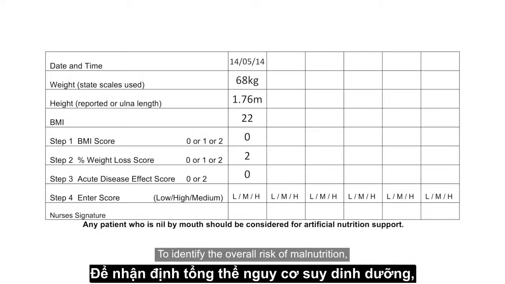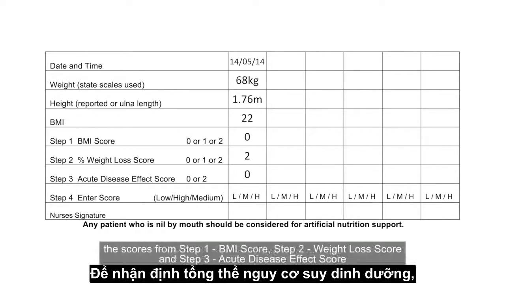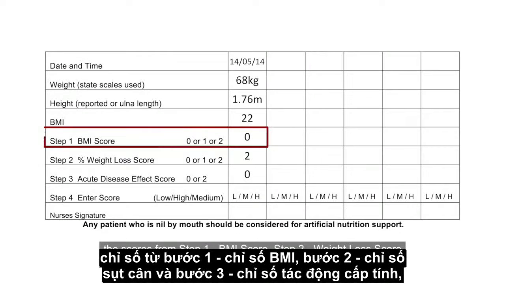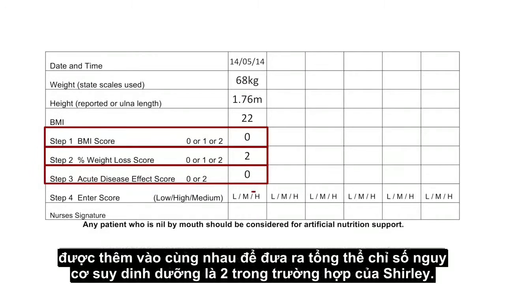To identify the overall risk of malnutrition, the scores from Step 1, BMI score, Step 2, weight loss score, and Step 3, acute disease effects score, are added together to give an overall risk of malnutrition score of 2 in Shirley's case.